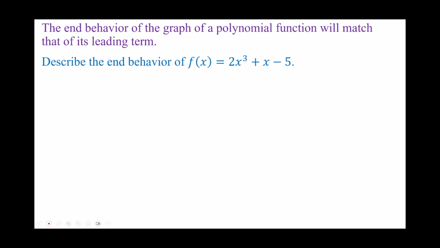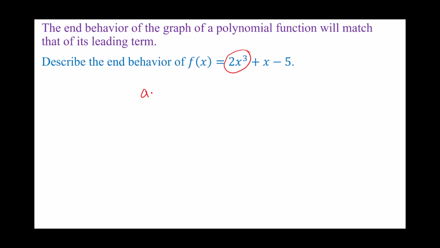The end behavior of the graph of a polynomial function will match that of its leading term. Describe the end behavior of f of x equals 2x cubed plus x minus 5. We can look at the end behavior of just the leading term, and our end behavior of this whole function will be the same as if we just had 2x to the third. Now that leading coefficient is positive, so on the right it's going to go up, and our degree is odd, so on the left it's going to go down.